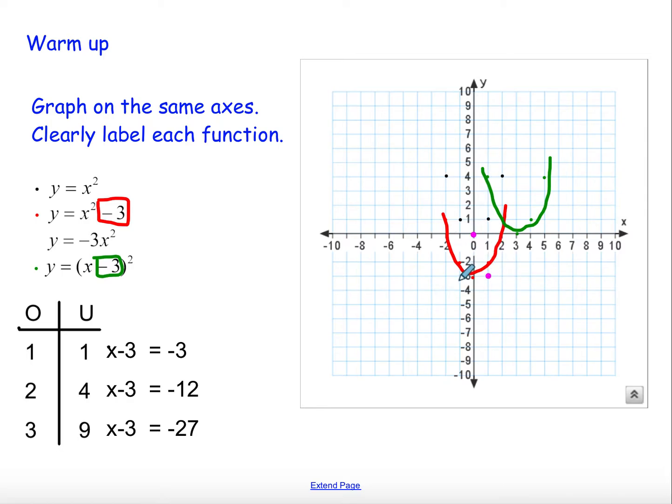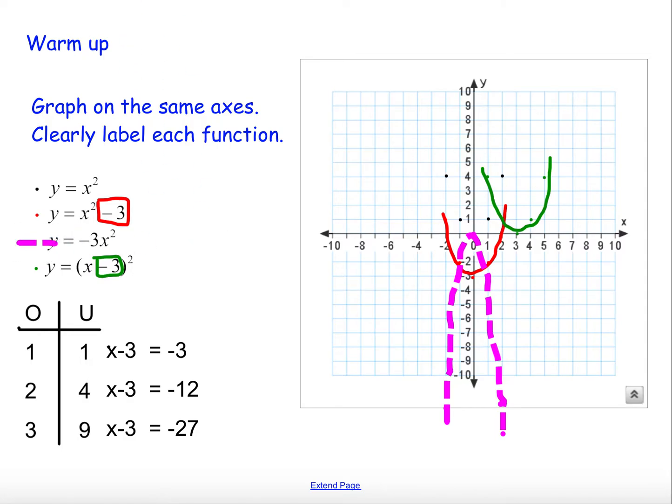Over 2, down 12 would be kind of in this neck of the woods. And then when we connect them, kind of looks like that. It's really narrow. There. So that's the dotted line.